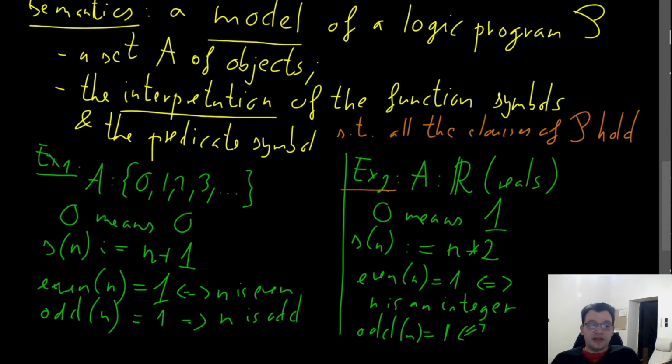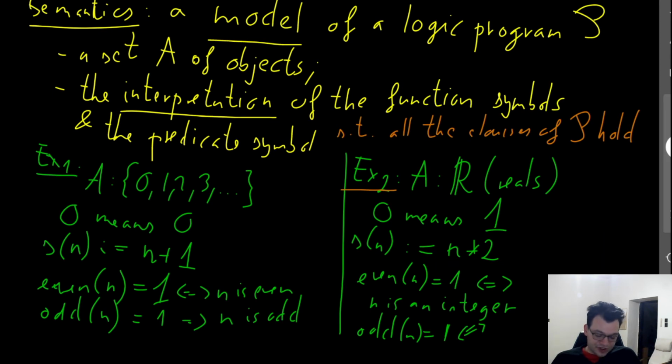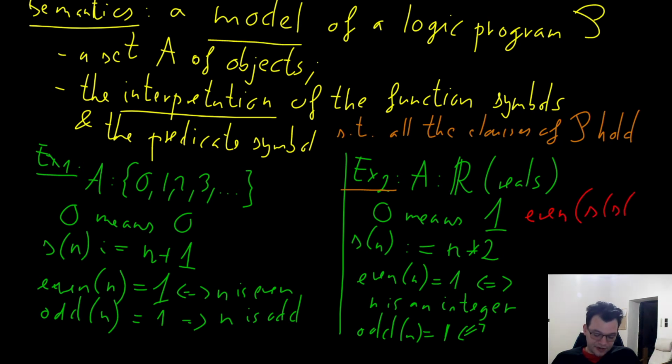And in a logic programming context, we describe by these clauses one particular model, and then we ask questions of the prolog engine, and it will answer our queries by yes or no. But for example, if I ask the prolog engine whether even of s of 0 holds, then what happens?